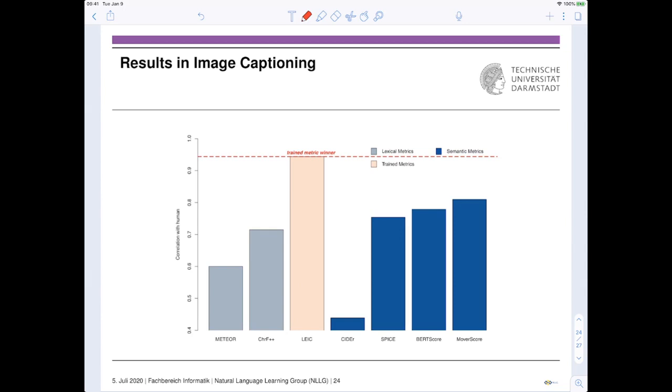And we see BERTScore and MoverScore can outperform previous metrics by a large margin, except for LEIC, which is a supervised metric trained with supervision not only from the system-generated caption, reference, and human score, but it also uses the information of the images, while other metrics judge the quality of captions only by relying on the human captions. So we think this makes a big difference.